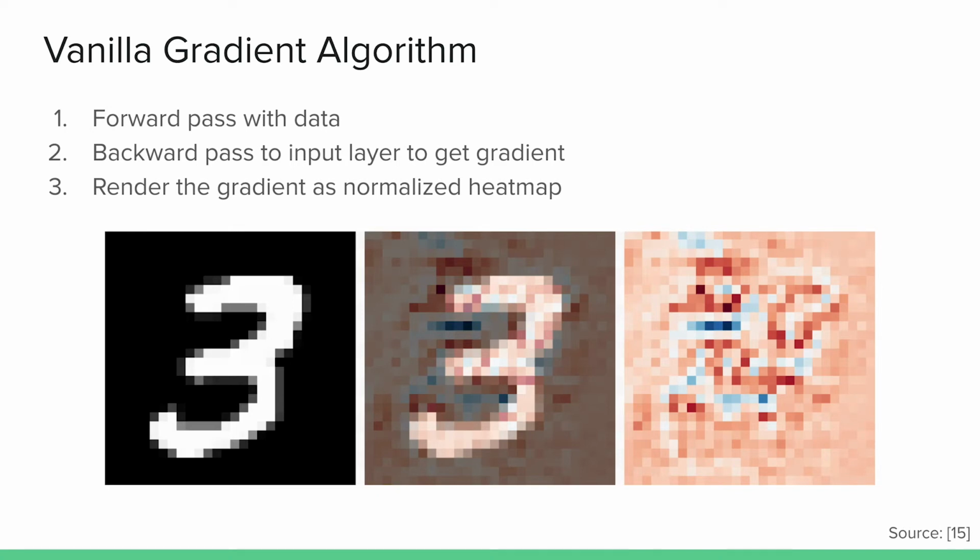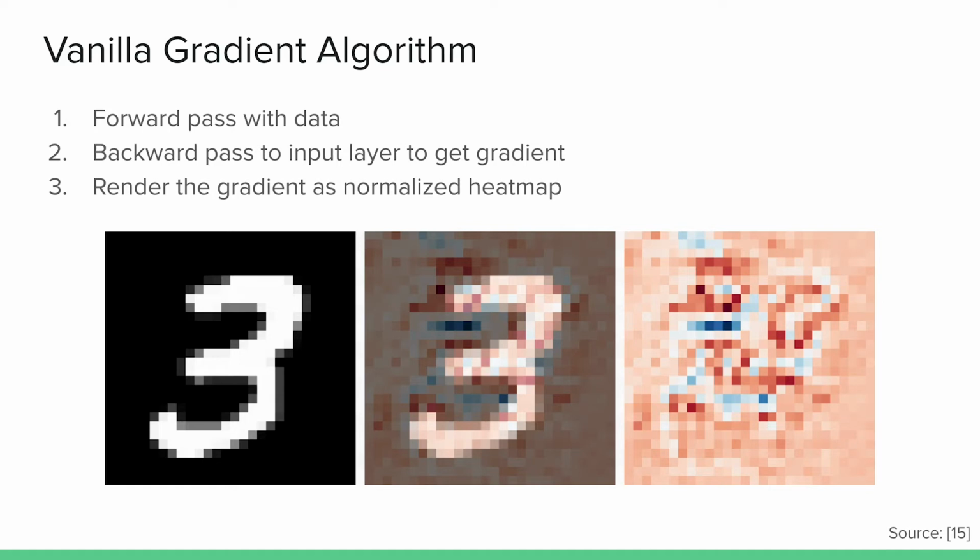To compute such a saliency map, there is a kind of vanilla gradient algorithm that is the easiest way we can do this, and it works the following way. We do a forward pass with some data, and then we compute our gradient by doing a backward pass, the same way we train our model.